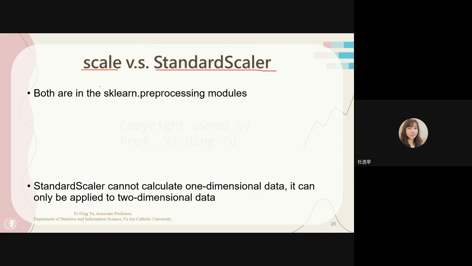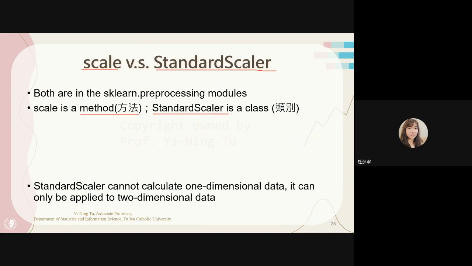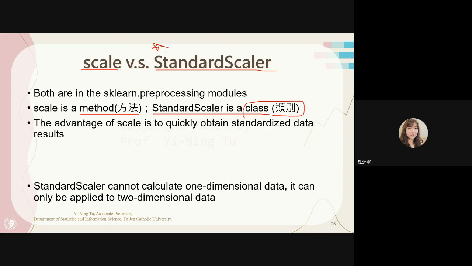So scale, both are in the sklearn preprocessing module. And scale is a method. It can only process the series format. But standard scalar is a class. This is more powerful. The advantage of the scale is that you quickly obtain the standardization result.